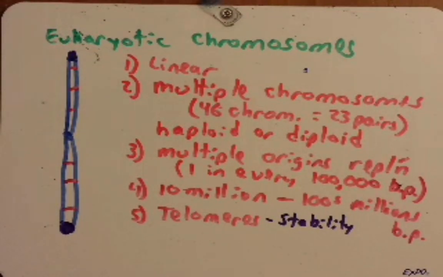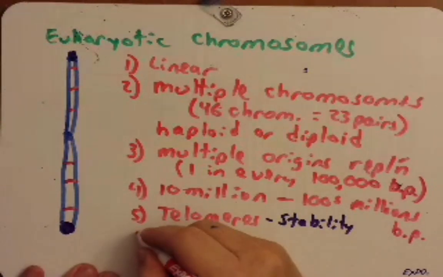As they get shorter, the cell gets closer and closer to the point where it will undergo programmed cell death. So they're important in maintaining the stability of these chromosomes and the life of the cell. We'll talk a little bit more about these telomeres when we talk about DNA replication.